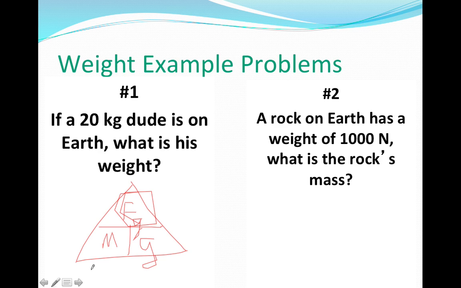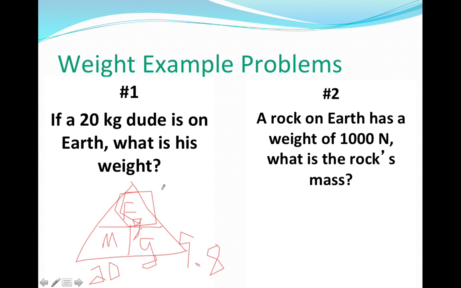His mass is 20, so let me put 20 right here. And for gravity, it's unknown. We don't see it in the problem, but gravity is actually 9.8. This is that magic number we're going to put on there. So when I calculate 20 times 9.8, I get 196.